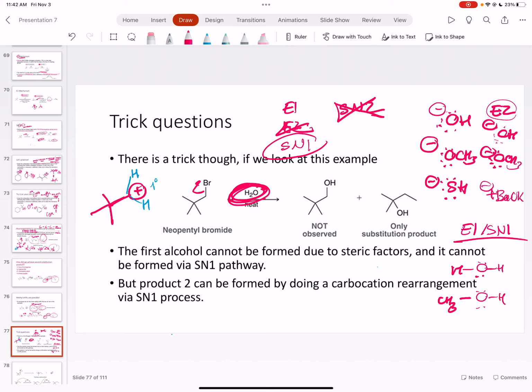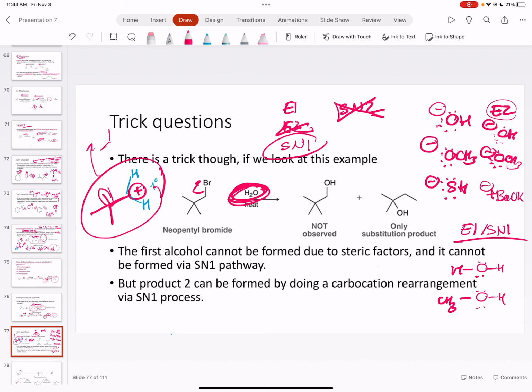Let's see if we have a positive in here. Then, from this one, technically not. So we have to do a rearrangement first. So, you know, we will technically do a methyl shift.